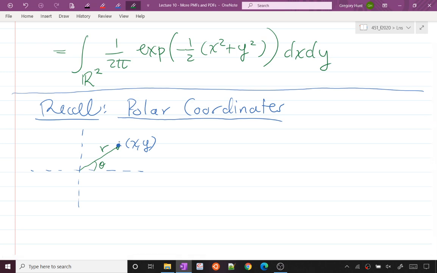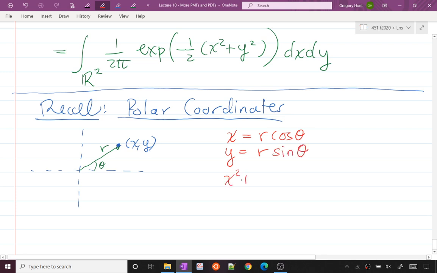And there's a relationship where I can transform back and forth between polar coordinates and Cartesian coordinates. That's just basic trigonometry. In this case, x is going to be r cosine of theta, and y is going to be r sine of theta. If I look at x squared plus y squared, this is going to be r squared.